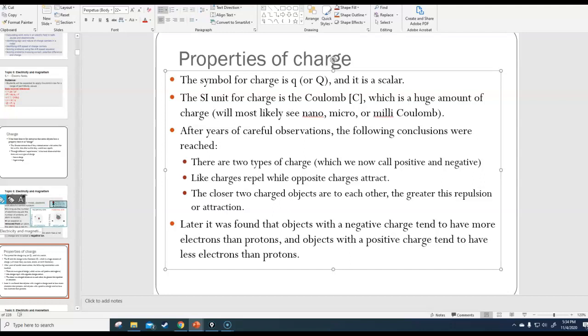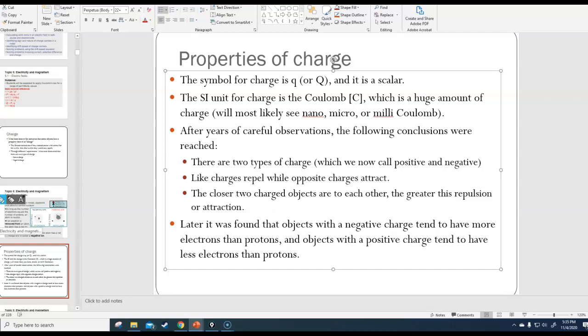If they have opposite types of charge, then those objects attract. So positive and positive repel, negative and negative repel, but positive and negative attract. If you've ever heard the expression opposites attract, that's where that comes from. And then 3, the amount of repulsion, or I should also say the amount of attraction, the amount of force, depends on the distance between the objects. The closer the 2 objects are to each other, the greater the force that they experience.